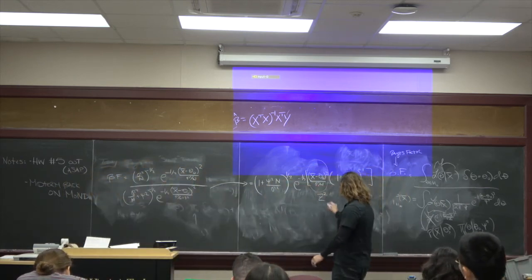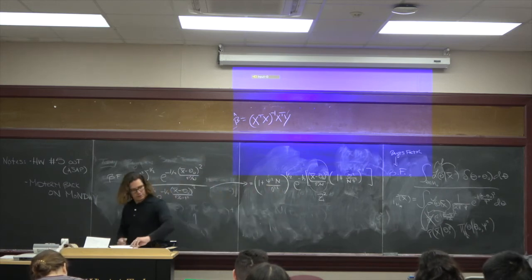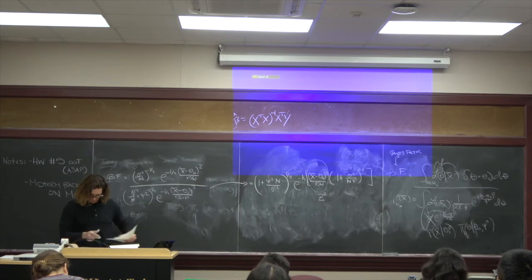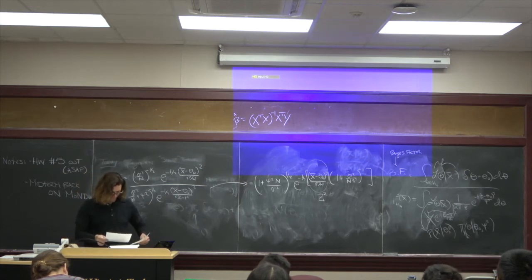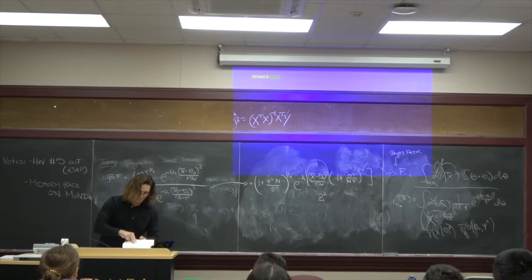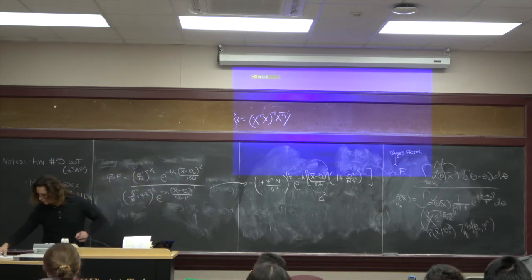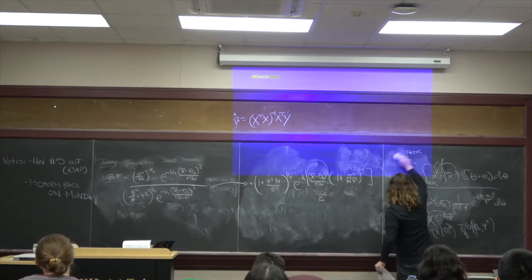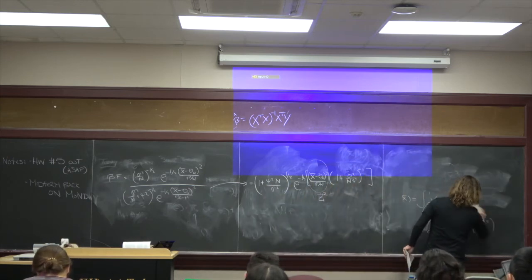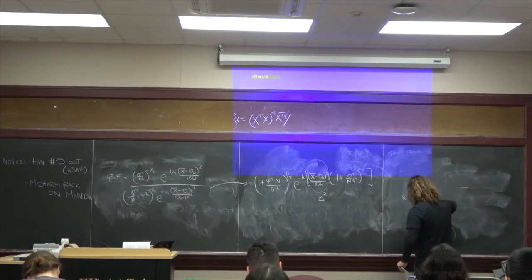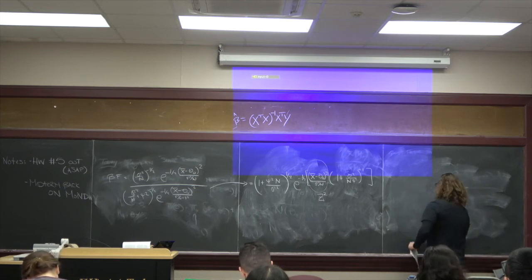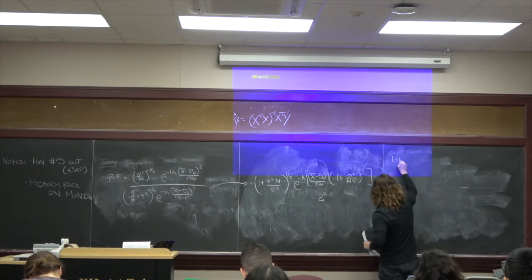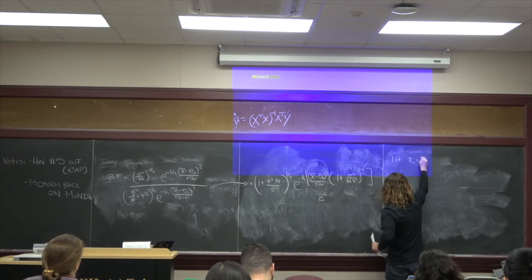I want to show you what happens as a function of a couple of these arguments in the function. If we let, I'm going to plug in some numbers right now, pi naught be a half.